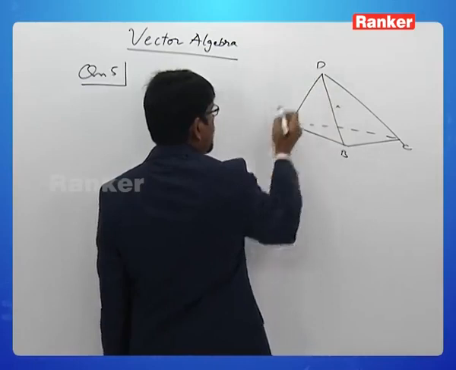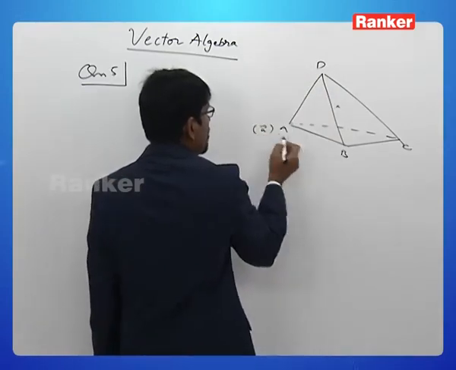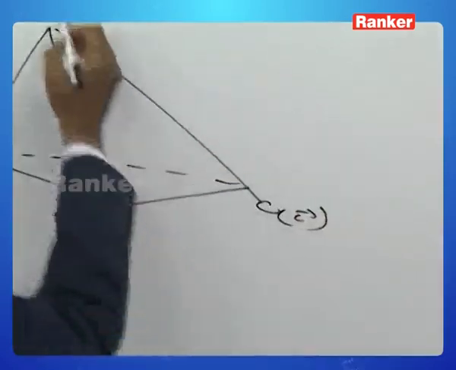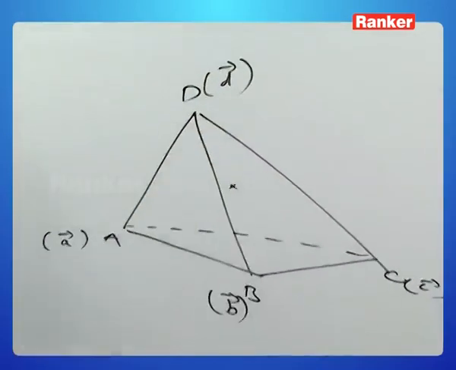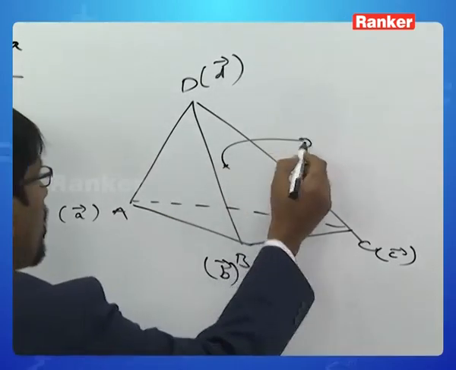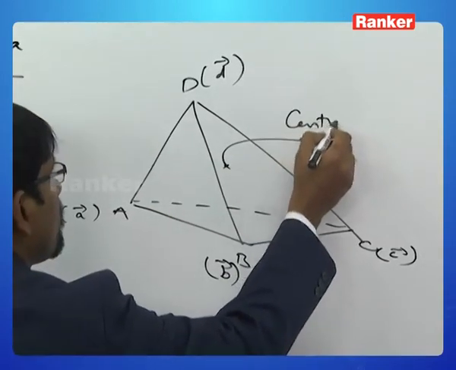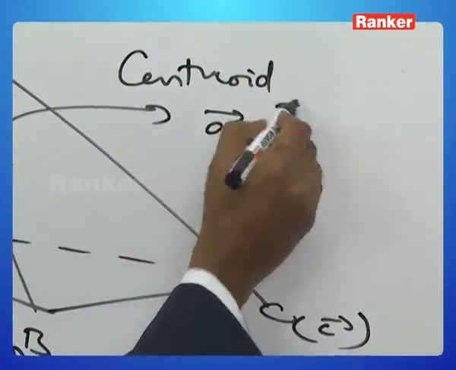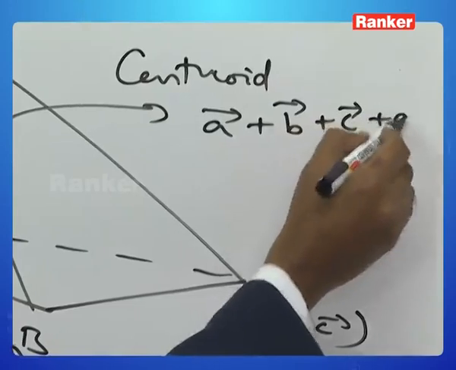That will be given by, if A bar, B bar, C bar, D bar are the position vectors of the 4 vertices of the tetrahedron, the centroid is given by the average of all of them, A bar plus B bar plus C bar plus D bar by 4.